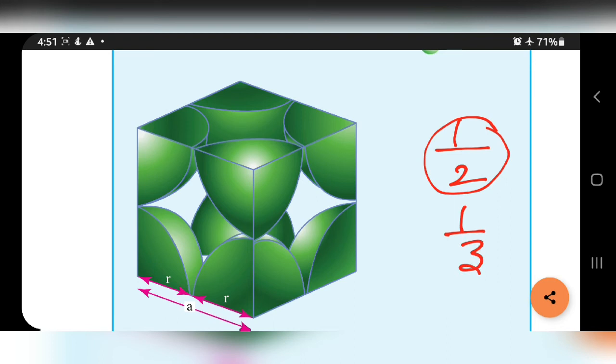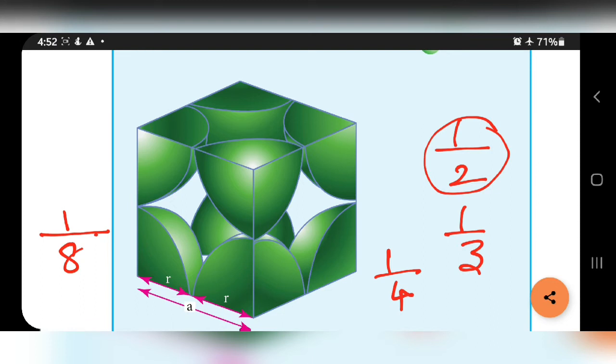Like that, if one suite is shared by 4 students, each will get 1 by 4. Like that, if one suite is shared by 8 students, each will get 1 by 8 part of that suite.